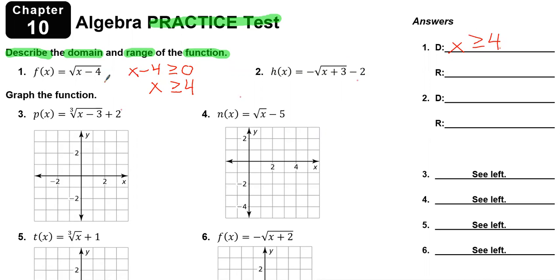Okay, the range. What a square root function's graph looks like, I'll draw a little sketch of it up here, is kind of a half parabola on its side. The parent graph would have a vertex here at 0, 0.